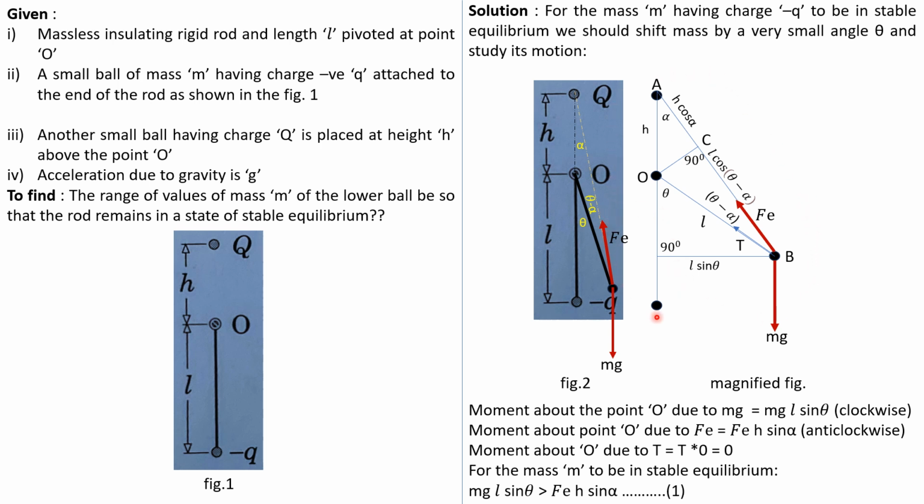This has further been magnified here and shown for convenience. This angle is theta. For this triangle, these are the two remote angles, so the sum of these should be theta. This angle is alpha, so this angle should be theta minus alpha.